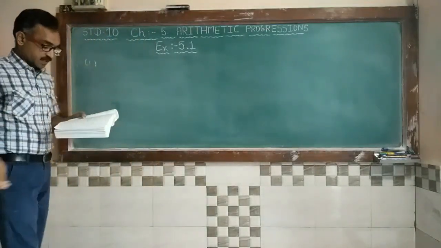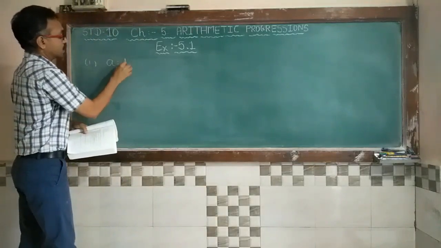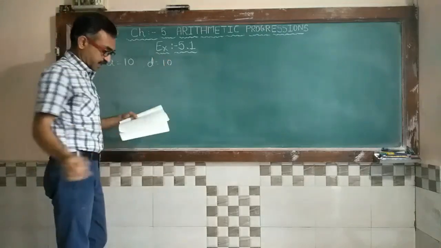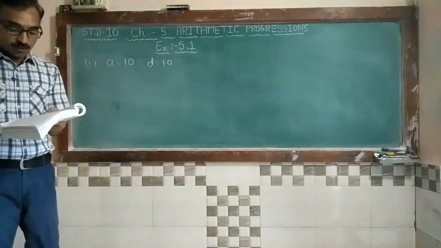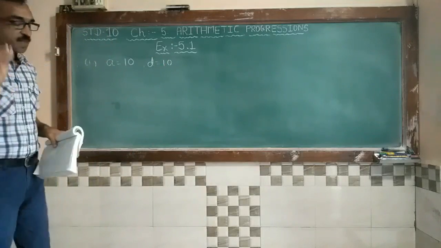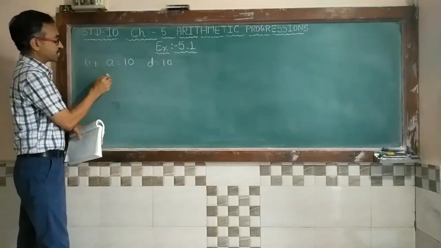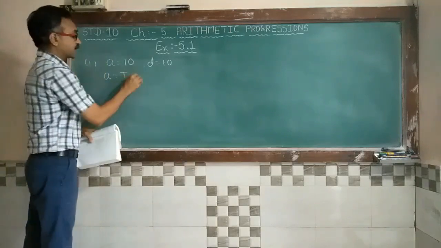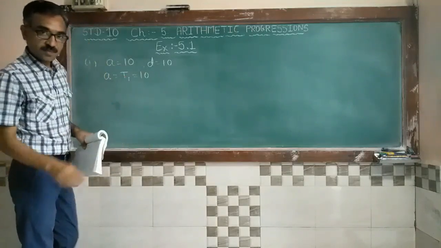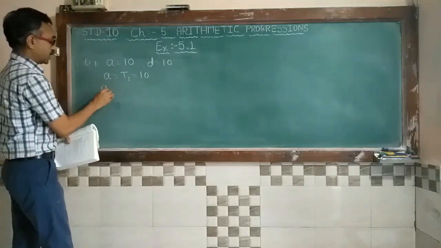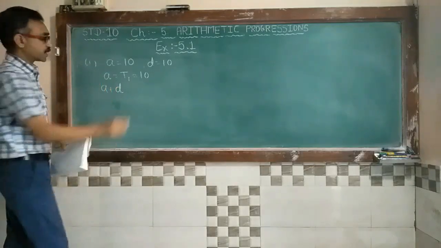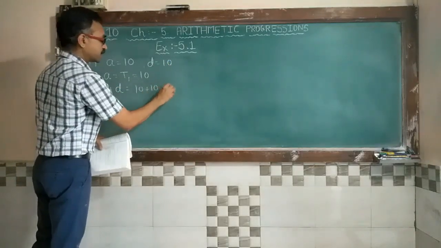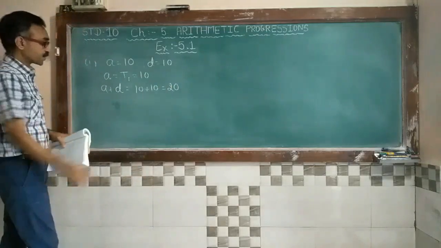A is equal to 10, and d is equal to 10 is given to you. Now you have to write the first four terms. Now we know that the first term is a, or you can say T1, that is 10. Second term is a plus d, so 10 plus what is d? 10, that means 20.